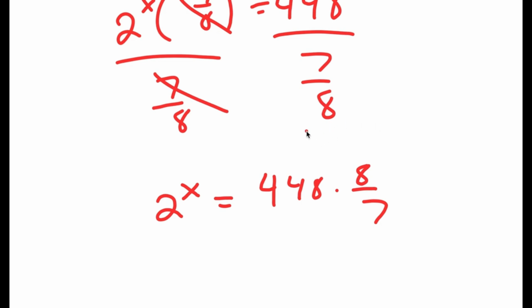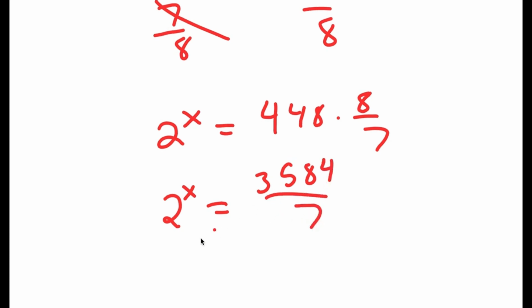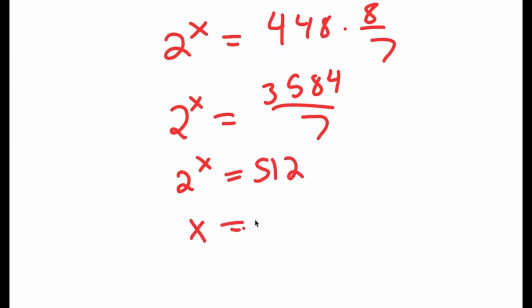Now, 448 times 8, that's equal to 3,584. Now I have this over 7, which is equal to 512. So I have 2 to the power of x equals 512, meaning x is equal to 9.